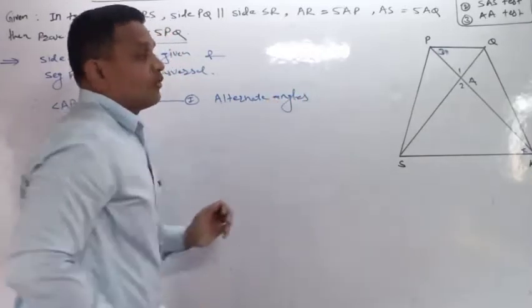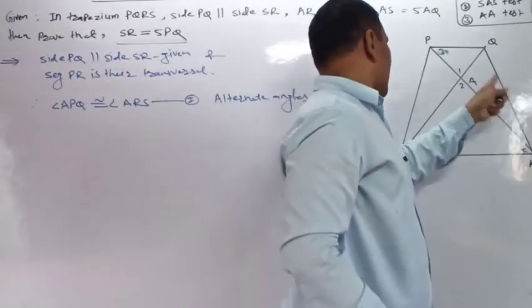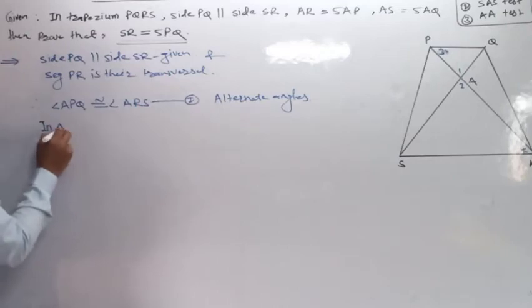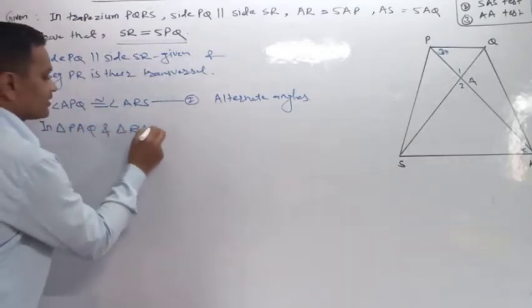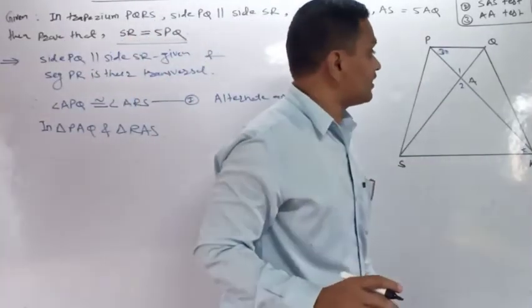Now in triangle PAQ and triangle RAS. Why have I taken the names of the two triangles as PAQ and RAS?